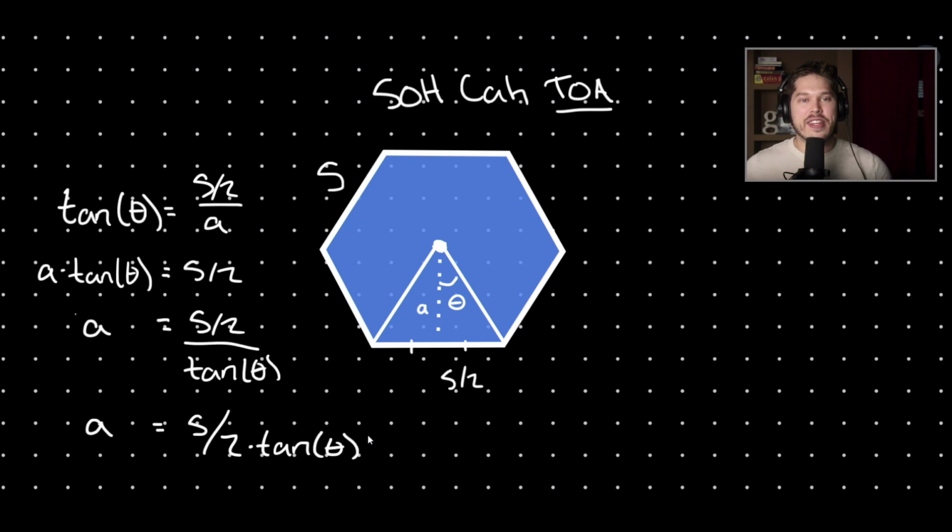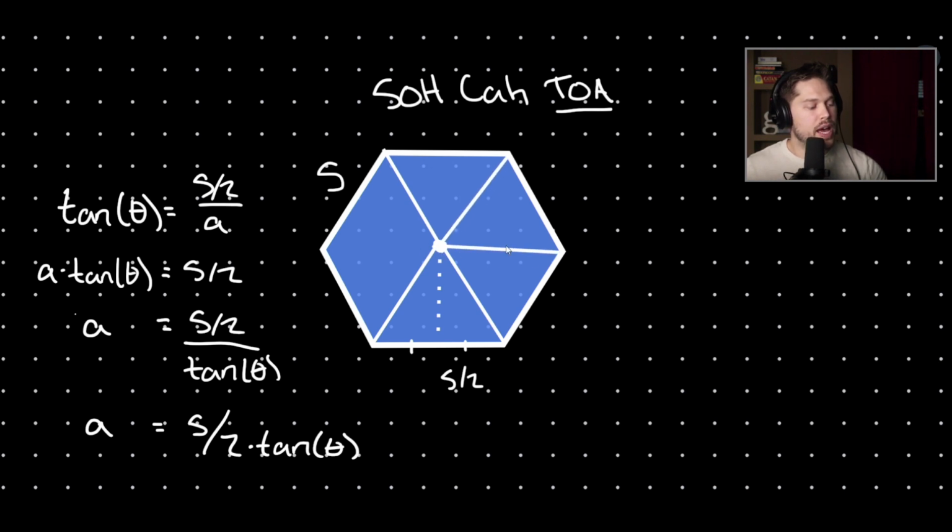This is handy and everything, but what is theta? We need to have a value for theta in order to compute what our apothem is. Okay, so how can we figure out what tangent's value is? Well, let's clean up this picture a little bit. I'm going to erase theta there. We'll add it back in a moment, but let's go ahead and reconstruct our other triangles so that we can think about it a little bit.